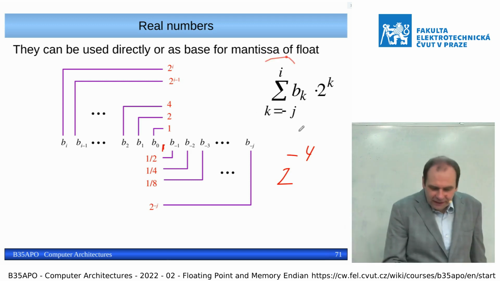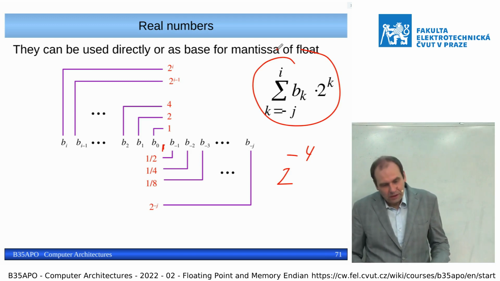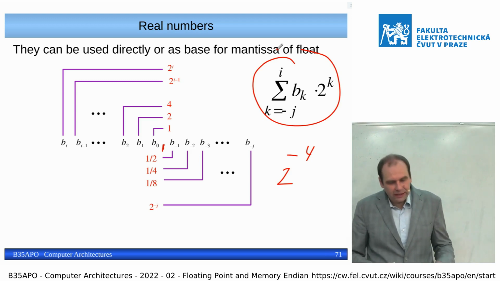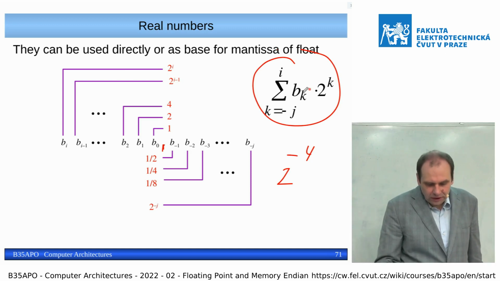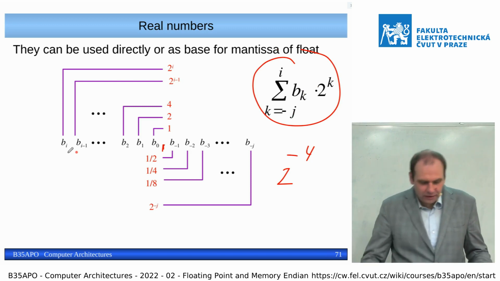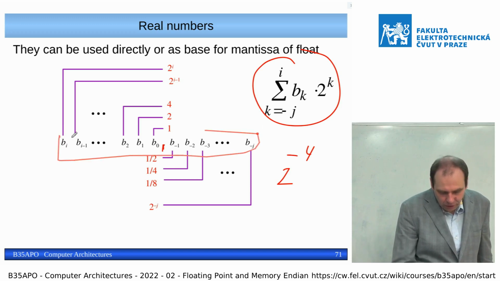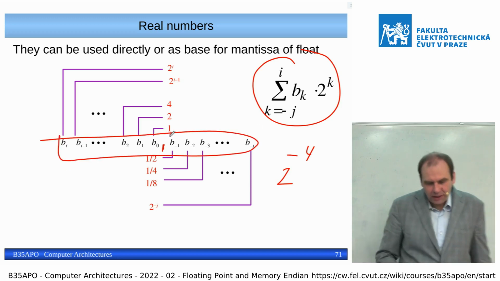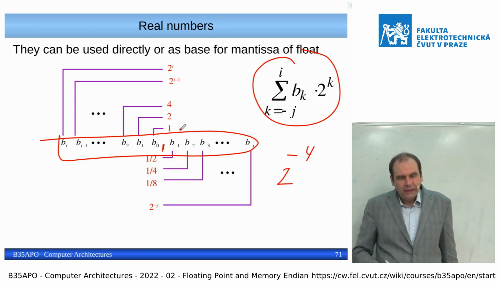So basically we can extend our notation and counting of the arithmetic value such a way that we start with the minus j digit and go up to some i digit. So we have a longer representation and those parts are after the fraction point.